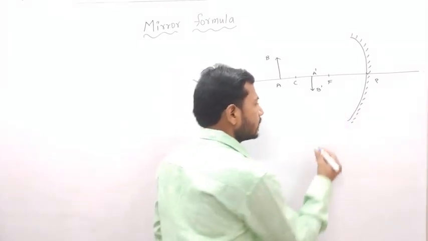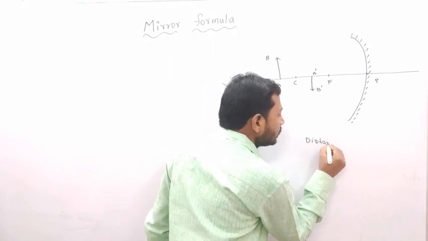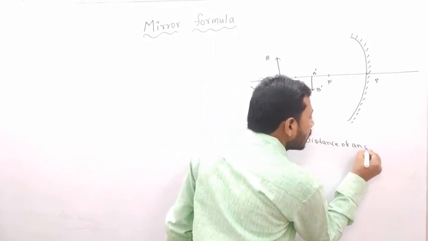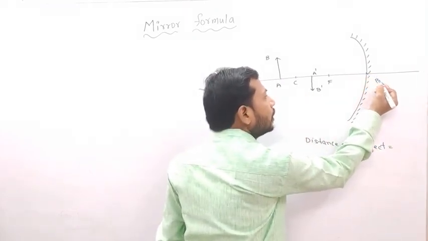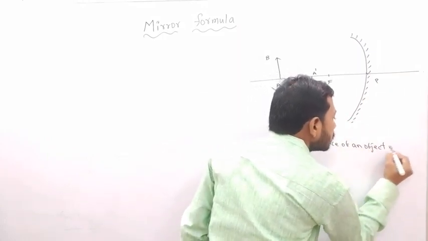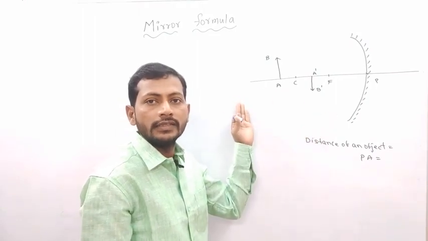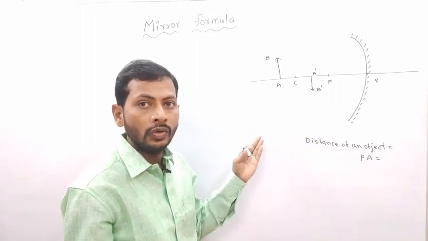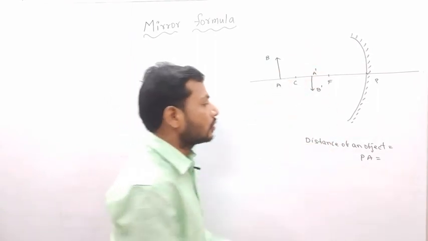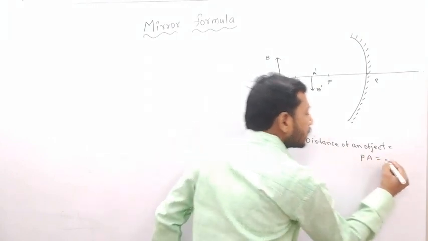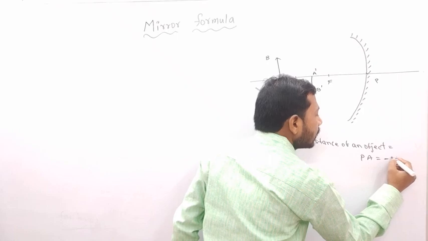We know that the distance of an object equals PA, from P to A. In which direction? It is the negative x-axis. I told you in the new Cartesian method, you divide it like a graph paper, so this is the left side. That's why I keep minus here. Distance of object is represented by the letter u, minus u.